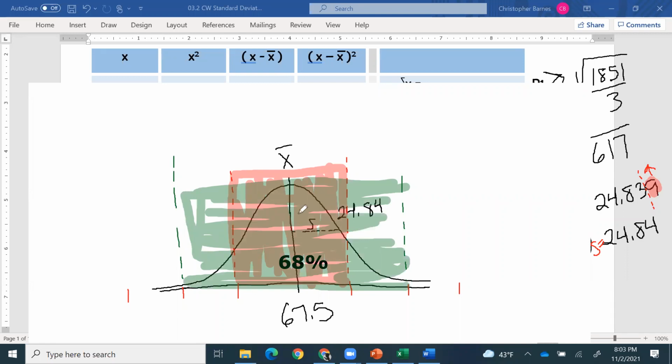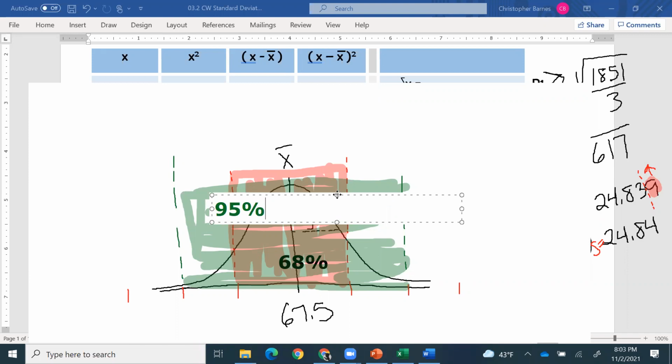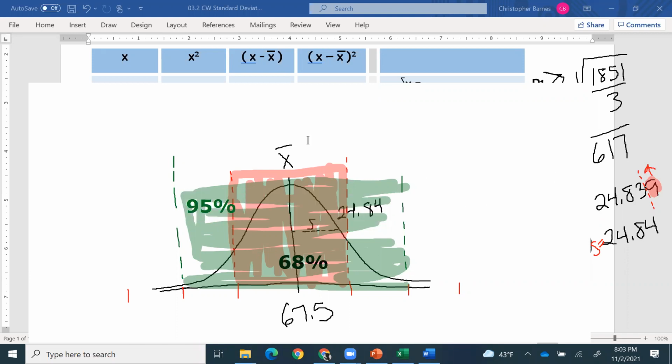This region rests 95% of the scores. So from this area all the way over here rests 95% of the scores. And it's upwards of 99% if we were to go three standard deviations above and below the mean.